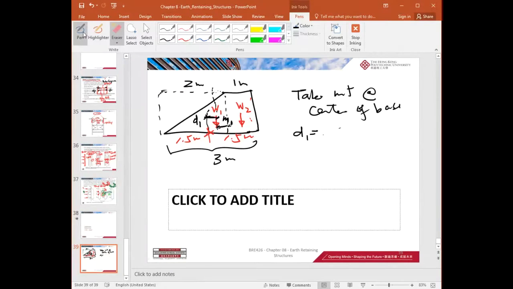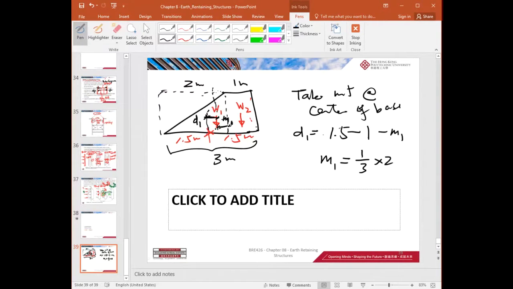So it's equal to 1.5 minus 1, right? So 1.5 minus 1 is equal to that, right? So minus M1, okay? It gives you the D1, right? What's M1? M1 is 1/3 times 2 meters, okay. Okay? Can you see the D1?